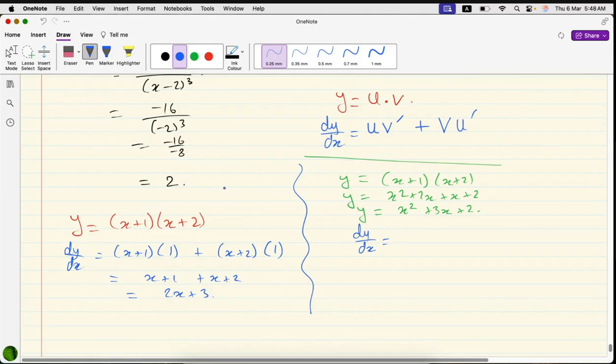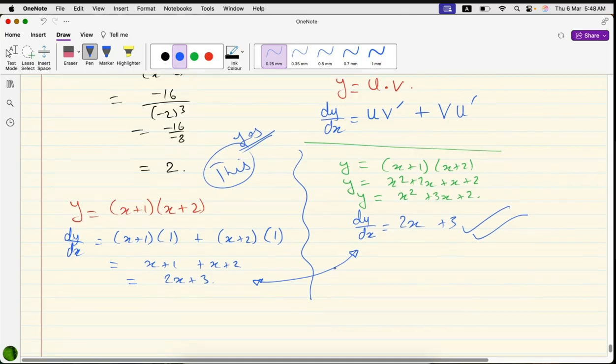In this case, yes, but you'll have different values where you won't be able to multiply them. I'll show you. So now you differentiate, you get 2x plus 3, and the answer is the same. So multiplying and simplifying like this or using the formula is proof that we get the same answer.